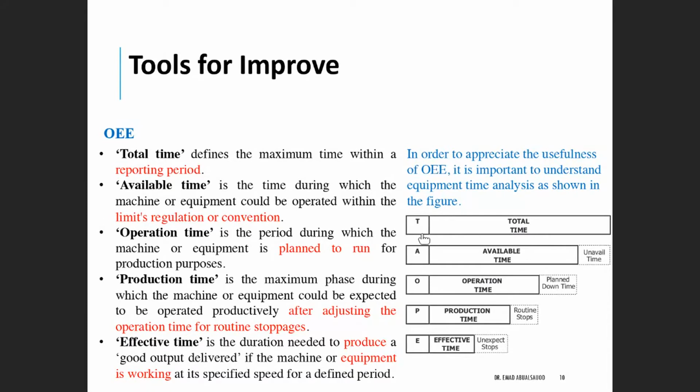The available time is the total time minus the unavailable time, which is caused by something that you cannot control. Now, moving on to identify more equipment time, which is the operation time. The operation time is the period during which the machine or equipment is planned to run for production purposes.